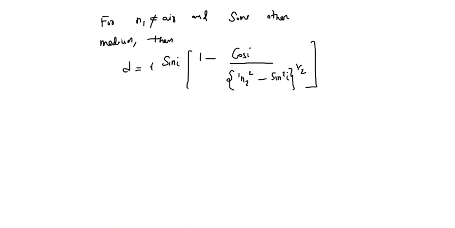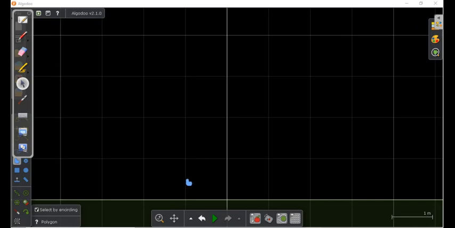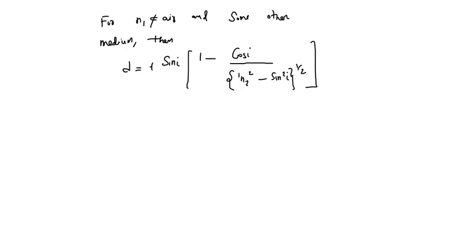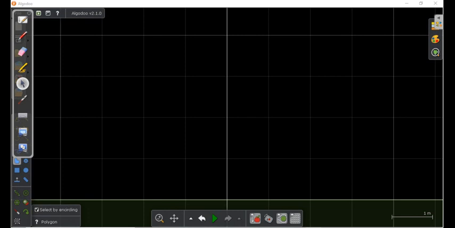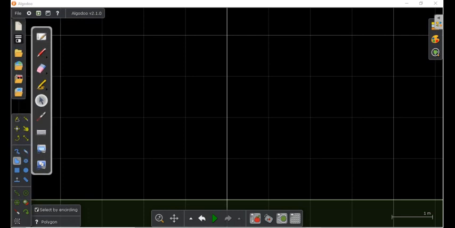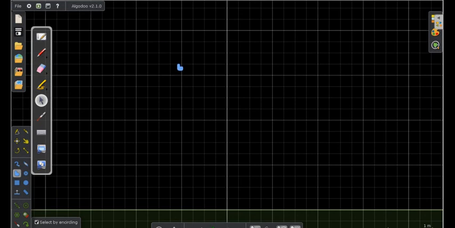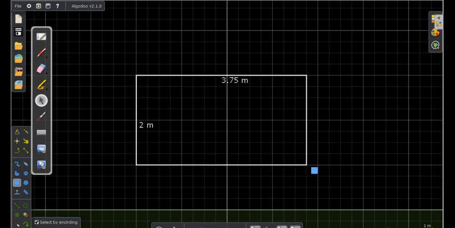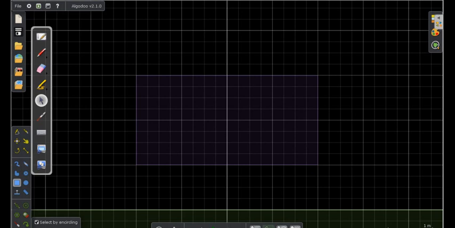So I am now in our physics engine. What I am going to do, I am going to make one glass slab. Okay, let me give it the property of a glass.